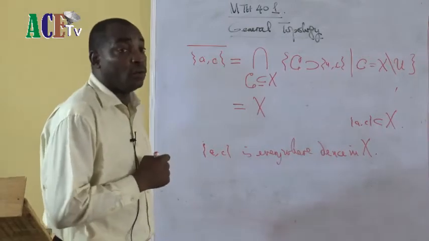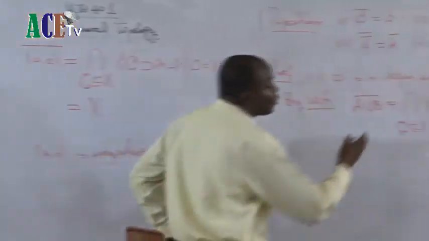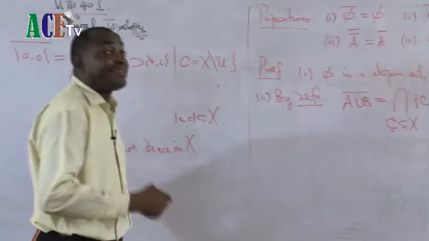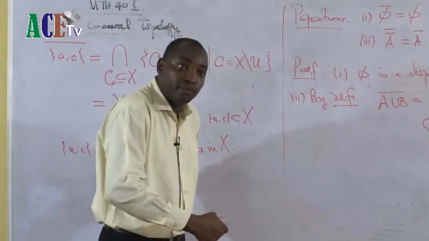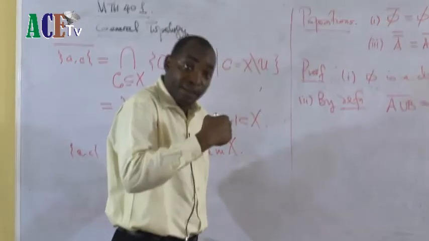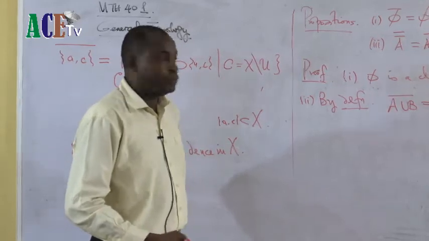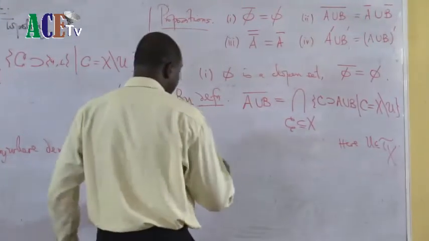Of course, you know that if C contains A union B, it means that C must contain A, or contain B, and it can also contain both of them. This is what I mean.